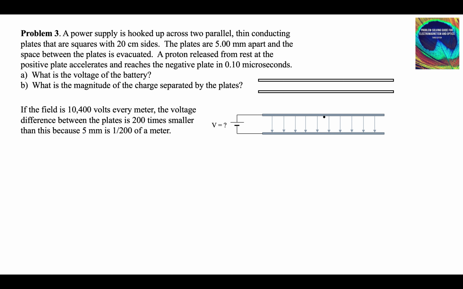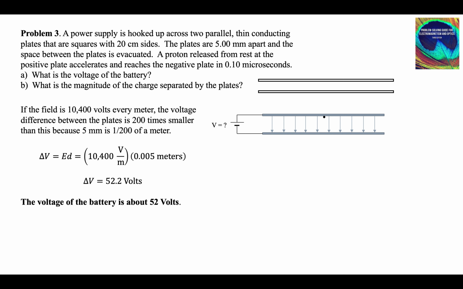So the voltage drop in 5 millimeters is 1/200th of the voltage drop in an entire meter, and we can calculate it. The change in voltage is the field times the distance, and we get 10,400 volts per meter times 0.005 meters, which is 52.2 volts. So we have the voltage difference between the plates. It's about 52 volts.